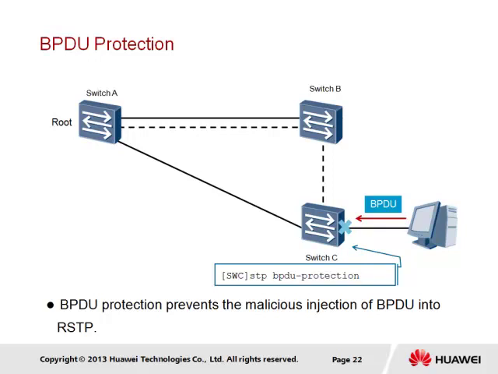The stp bpdu-protection command enables protection against these BPDU by shutting down the edge port in the event that a rogue BPDU is received. Once a switch port is shut down, reactivation would require administrator intervention. The command is applied on a per switch basis and configured from the system view.